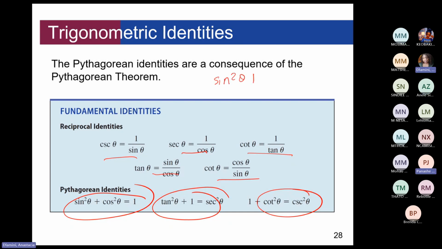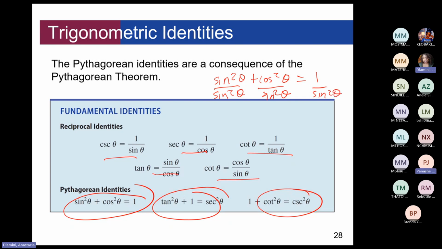From taking that first identity, you can divide everything by sine first, or by cos. I would say divide by cos for the first one. Okay, let's start with sine first. Divide by sine squared theta.